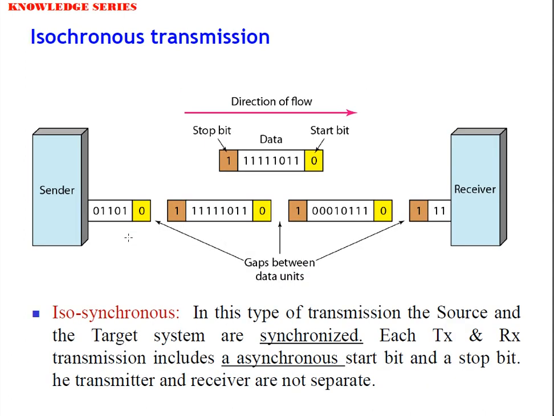Isochronous. Isochronous is nothing but the hybrid of the synchronous as well as the asynchronous mode of transmission. So basically it transfers the data from a sender to the receiver within certain time frames.